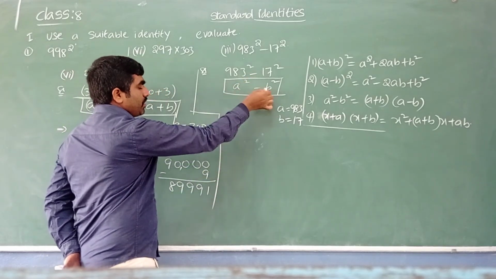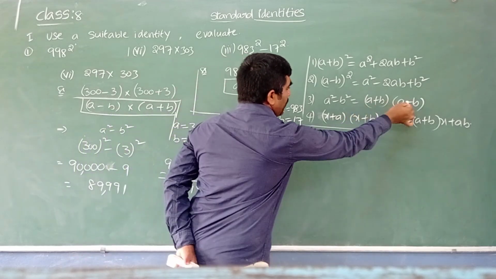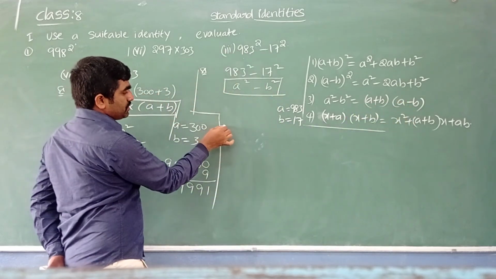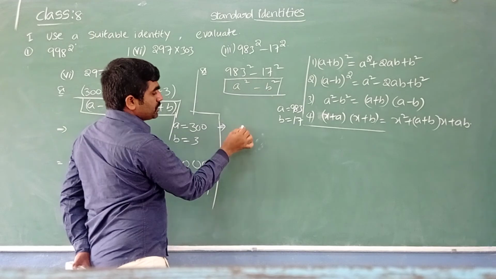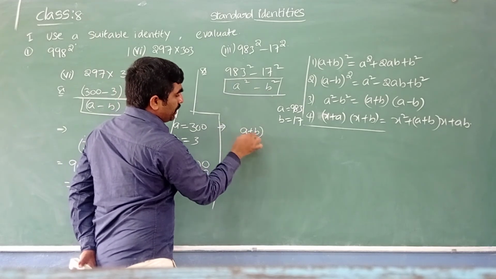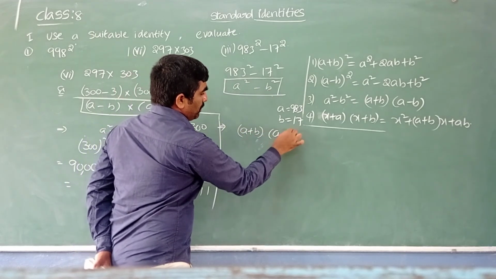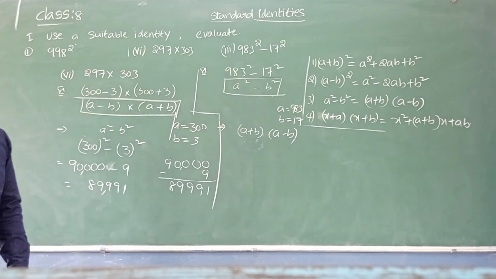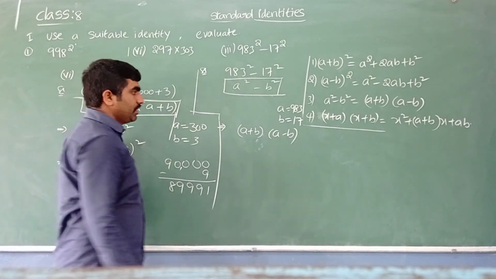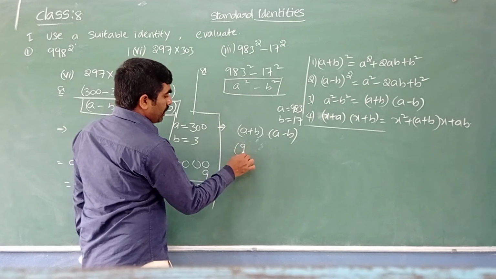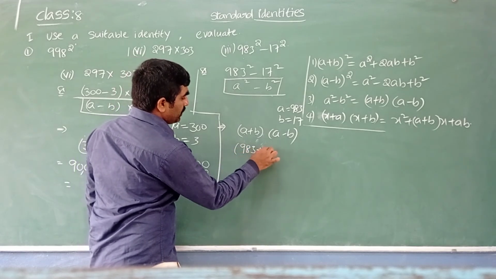When it is like a square minus b square, what is the expansion? A plus b into a minus b. And we know the values of a and b. Just substitute there. A plus b: 983 plus 17.